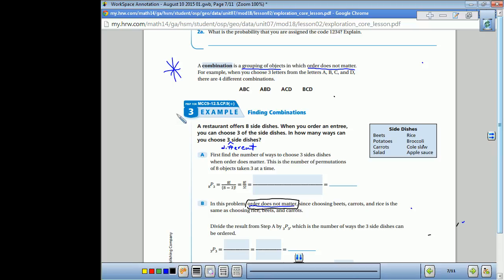And then I leave with my dozen donuts very happy. Doesn't matter the order that they put those donuts in the box. No, because I am leaving with a group, a collection of donuts. So they might have 20 to choose from and I'm taking 12 and the order that they put them in the box doesn't matter.